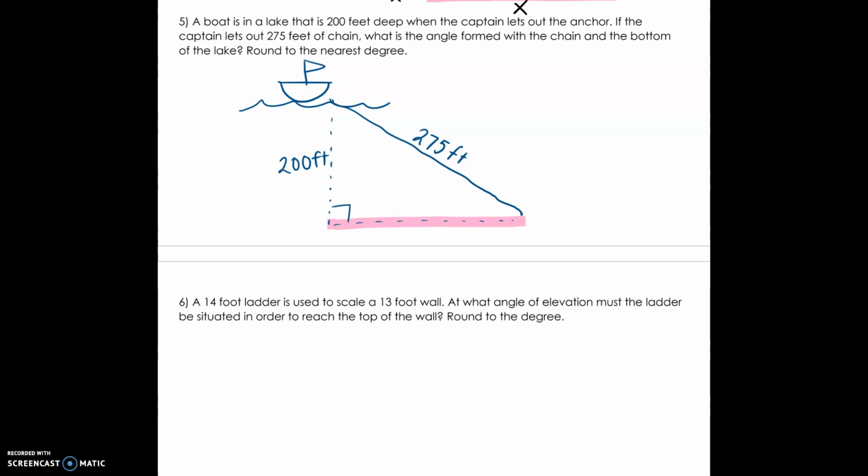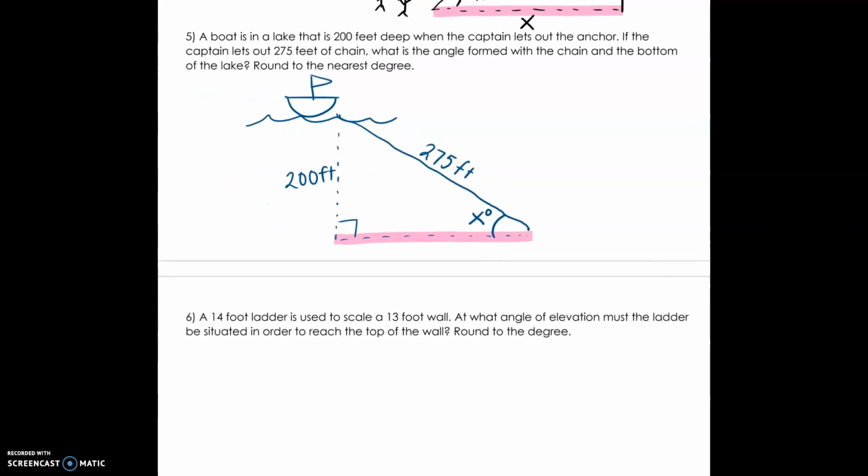The angle of elevation is always formed from a horizontal line, which in this case is the bottom of the lake, and our diagonal line is the chain. So they want to know our angle of elevation. Remember, when we're solving for an angle using trig, we have to use inverse trig. So you're going to set up your equation and you're going to solve for x.